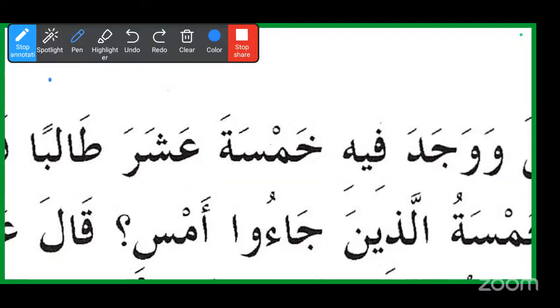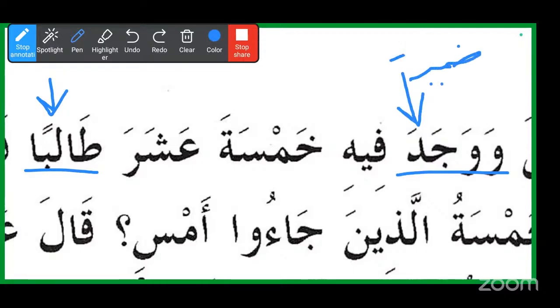What are the students? The students are the object. The object of what? The object of wajada. And who is the subject? The teacher. Al-Mudarris is the subject. But where is it in here? It is in this fatha. We know that this fatha is damir mustatir, the hidden pronoun for huwa.